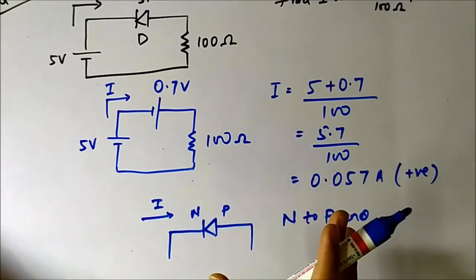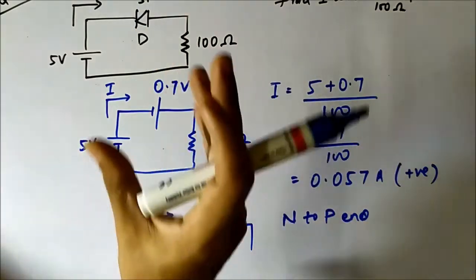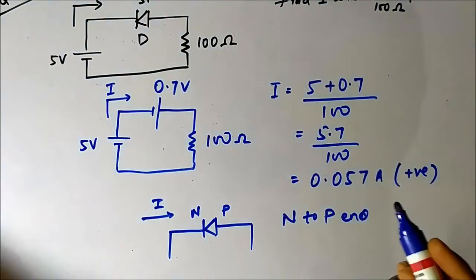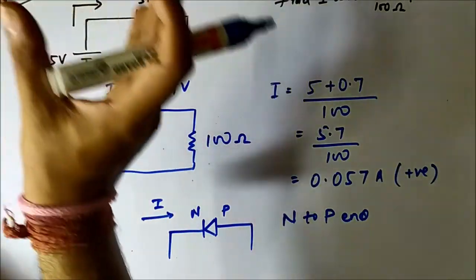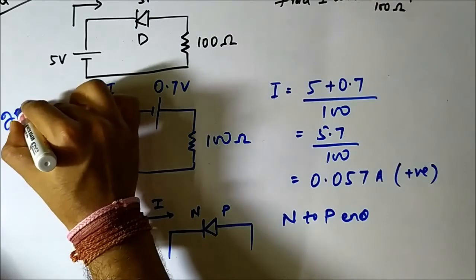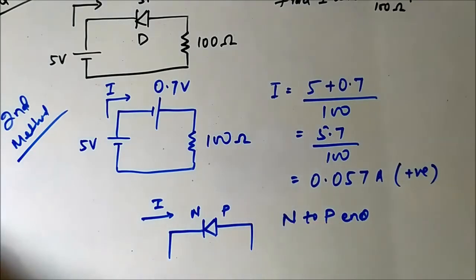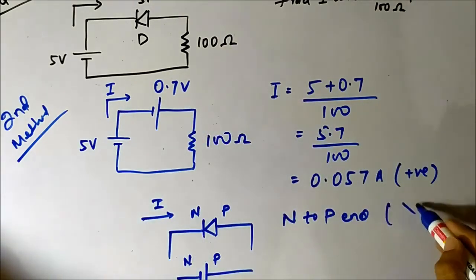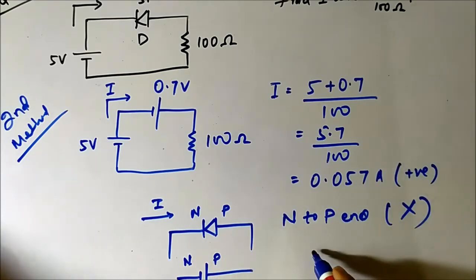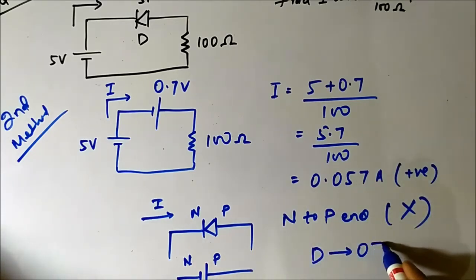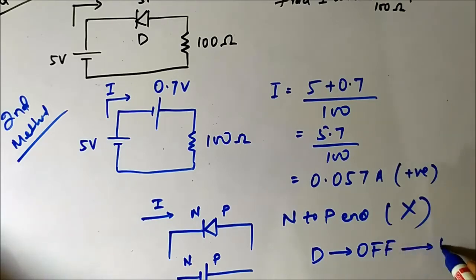So if the discussion is related to forward biasing of a diode, and in your assumption you have considered that the diode is on, and you see that current is flowing from N to P, with 0.7 volt, this is for P, this is for N, it means our assumption is wrong. It can never happen. The diode will be off, open circuited.